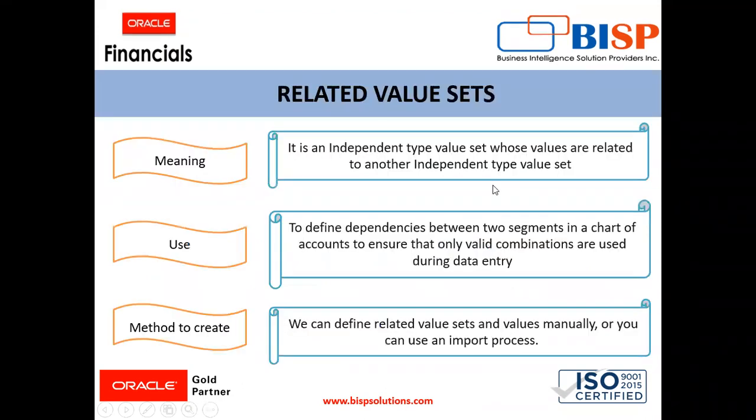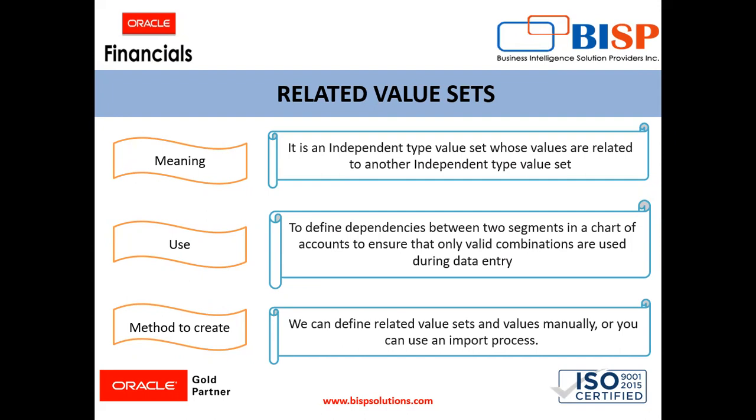So what is the meaning of related value sets? It is an independent type value set whose values are related to another independent type value set. For example, if we want to set a relationship between two segments, say the company segment and the cost center or product or line of business segment, then we can set that relationship in the chart of accounts structure instance.